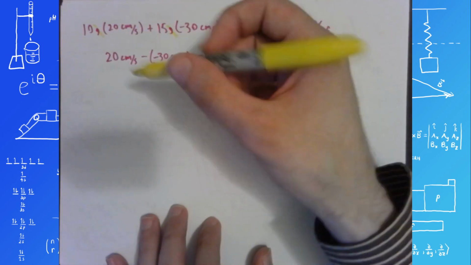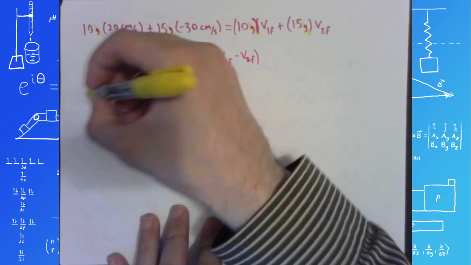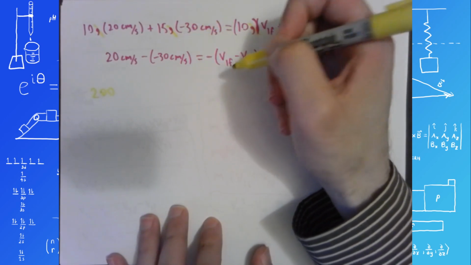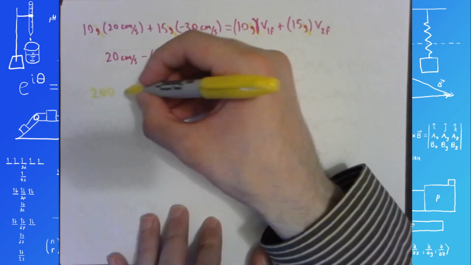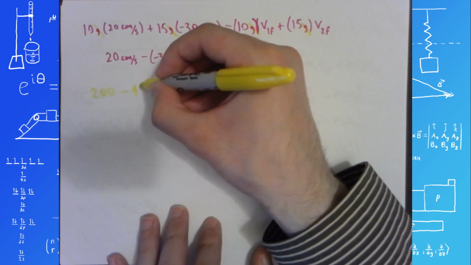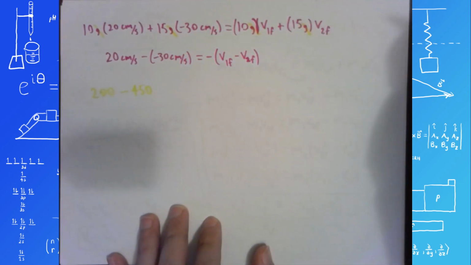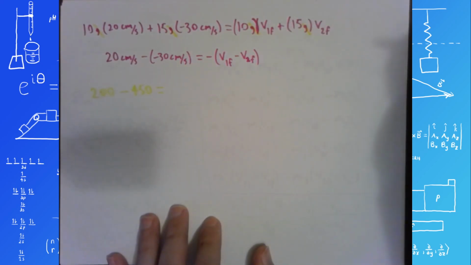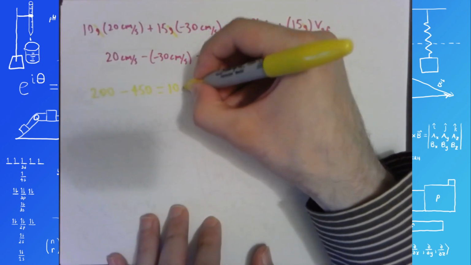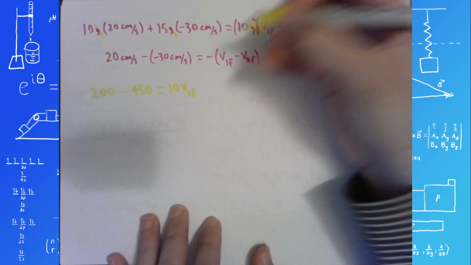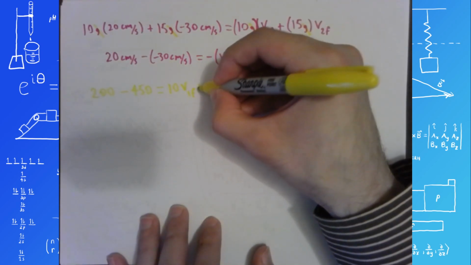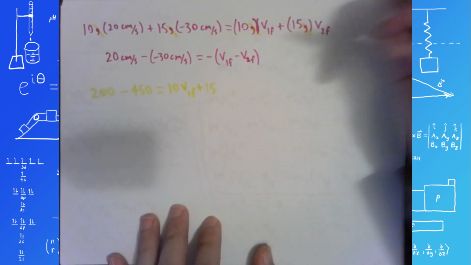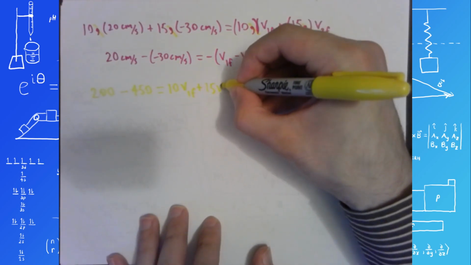Okay, 10 times 20 is 200. 15 times 30 is negative 450. Equals 10 V1 final plus 15 V2 final.